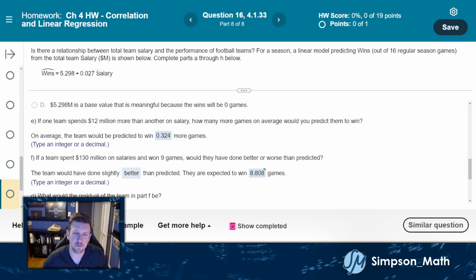That'll do it. But really, when I subtract those two wins, it doesn't matter where this 5.298 is, it's just going to get subtracted out. So really, I just need to plug 12 into this 0.027, and I'm going to get 0.324. Let me demonstrate that.